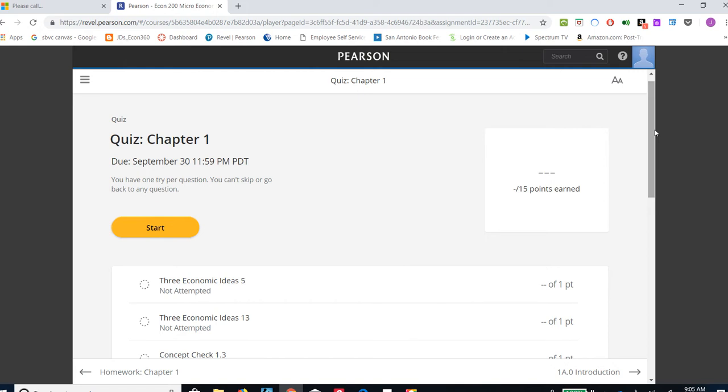Now, because of the concept checks and practice quizzes that occasionally are at the end of sections that I think are very important, and of course the homework at the end, right? You have these homework checks. All of that is open all week, and you can redo those until you get them right.